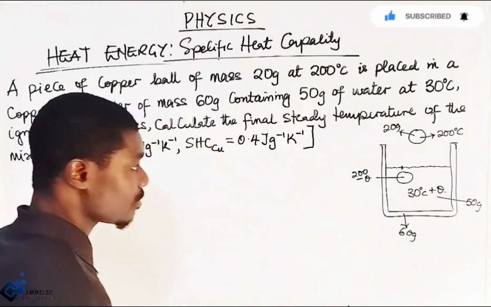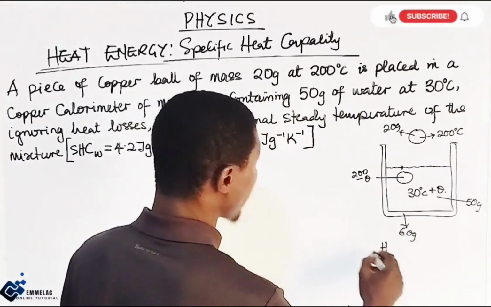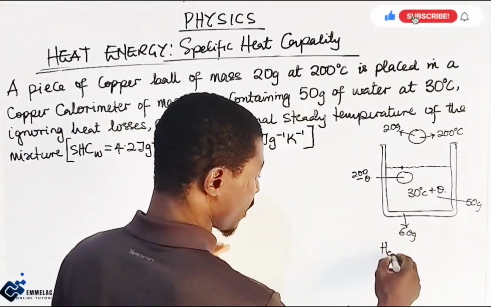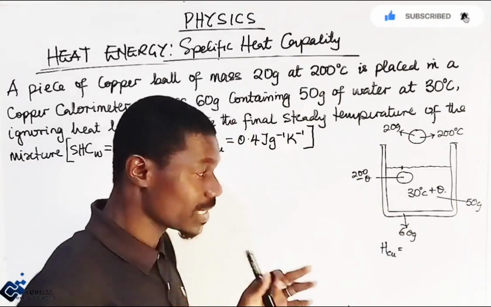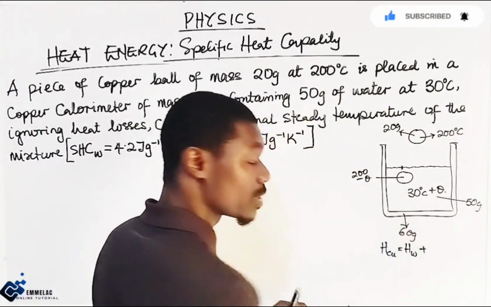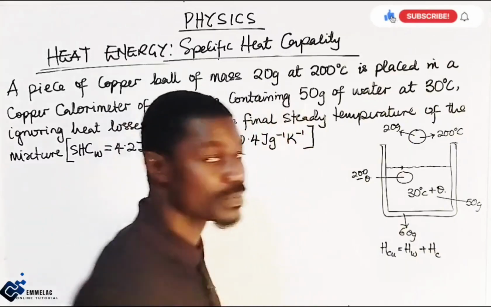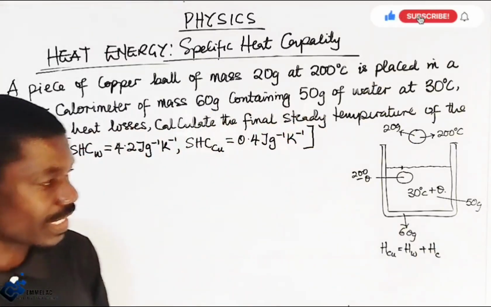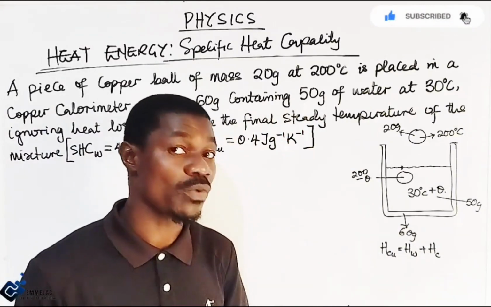Take note that the heat lost by the copper ball equals the heat gained by water plus the heat gained by the calorimeter. Here is the equation we'll be making use of.